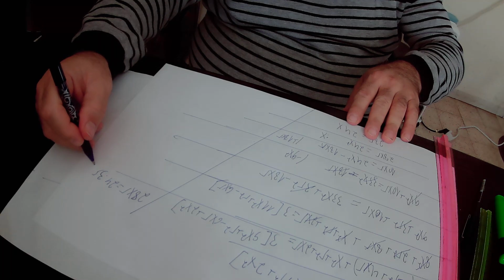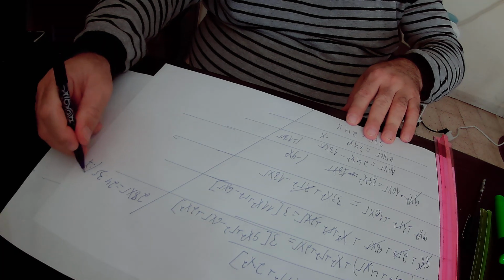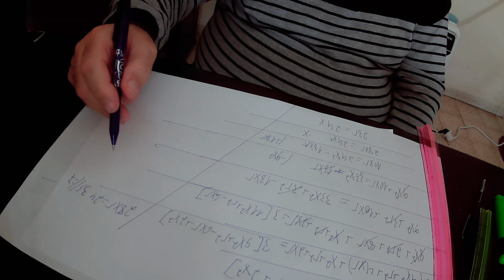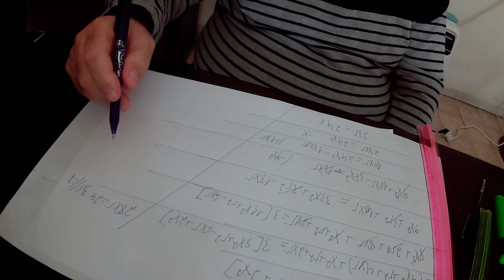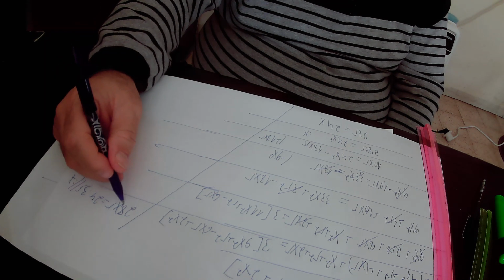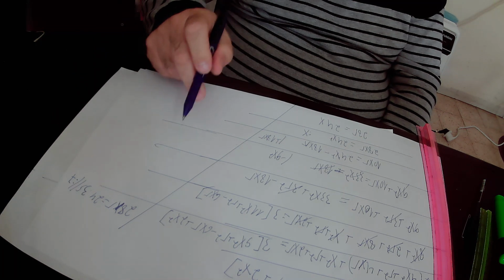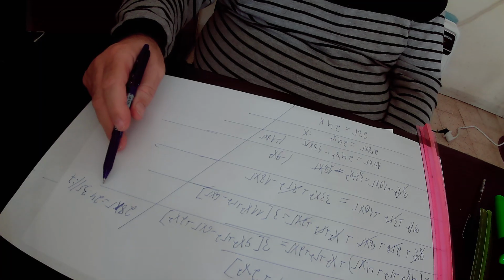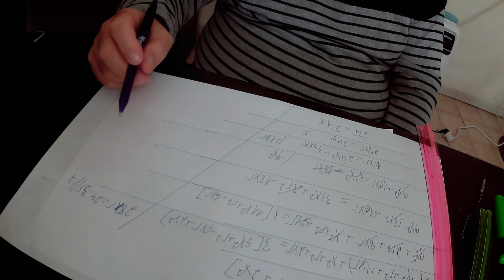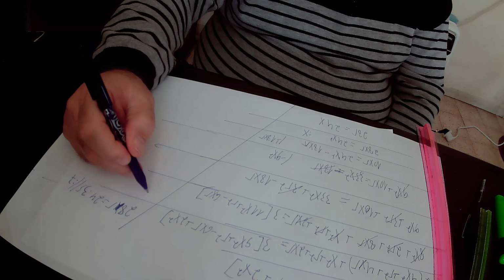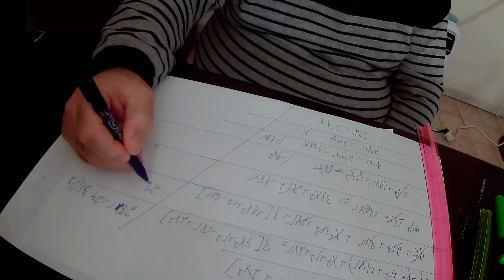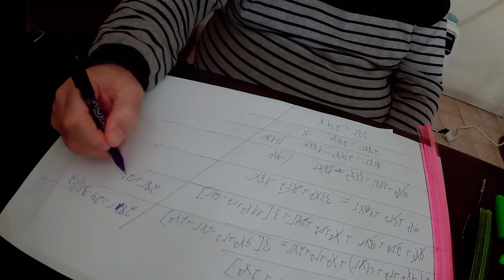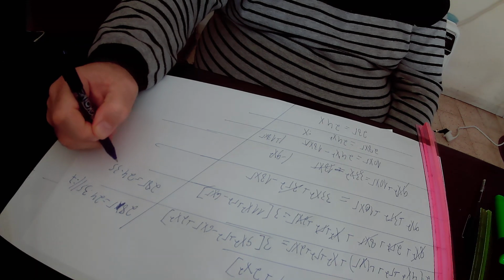Here we will divide this equation by 7. We have 28r equals 24 times 35. We'll copy it again: 28r equals 24 times 35.